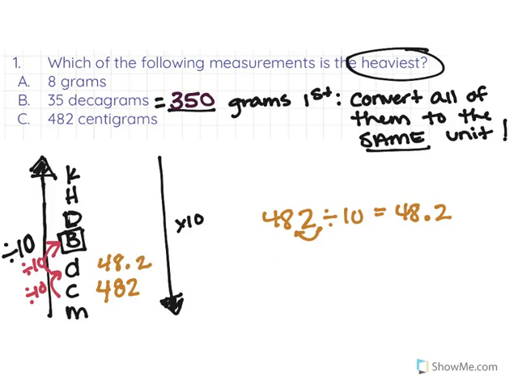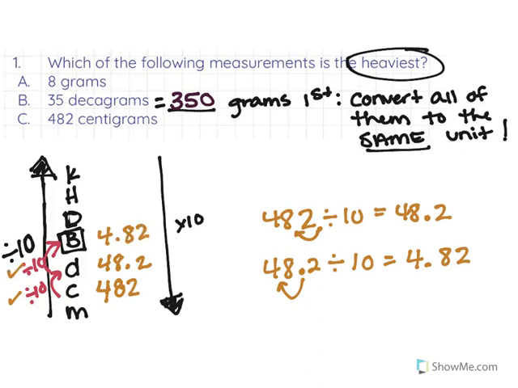But we are not at grams yet. We need to convert again because, like we said, we have to divide by 10 twice. So we're going to do it one more time. We're taking our 48.2 decigrams, dividing it by 10. We know that decimal point will shift to the left one time and give us 4.82 grams. We've now divided by 10 twice.